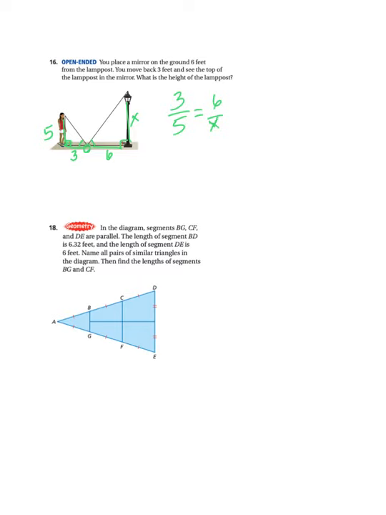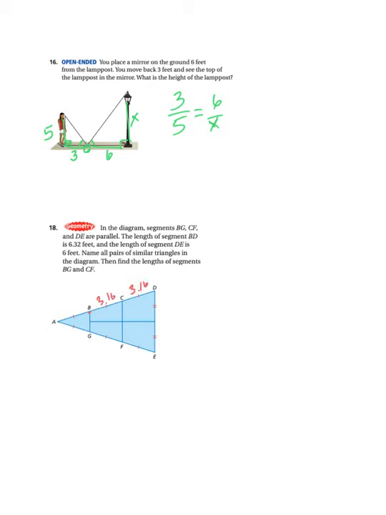Now, if we know that they're similar, we can go ahead and solve for some of the missing side lengths. We're told that the length of segment BD, that's this one right here, is 6.32 feet. Let me erase this so we can see a little bit better. If we know that BC and BD are both the same measurement, then we need to just divide that 6.32 by 2. So that's 3.16. This is also 3.16.